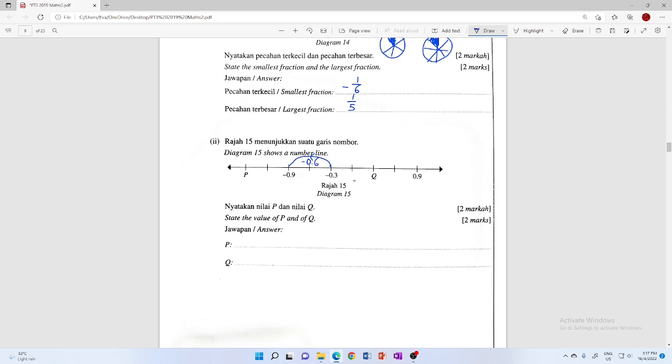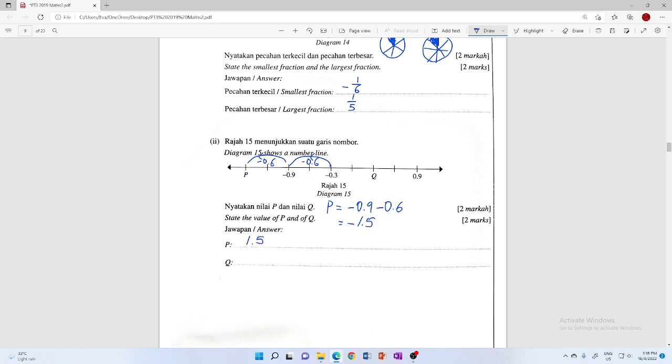So negative 0.3 minus 0.6 gives negative 0.9. And from negative 0.9, to find P, the same thing, you need to minus 0.6. So P is equal to negative 0.9 minus 0.6, then you'll get negative 1.5. So your answer is negative 1.5.